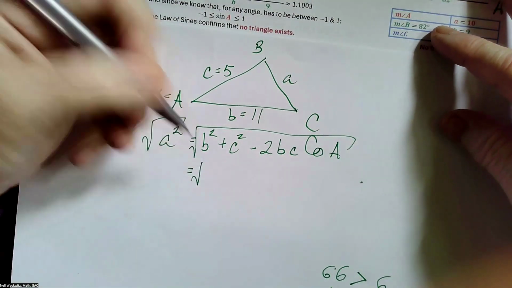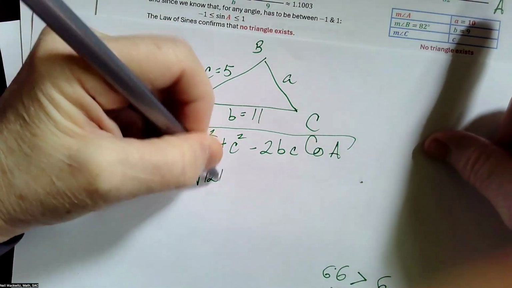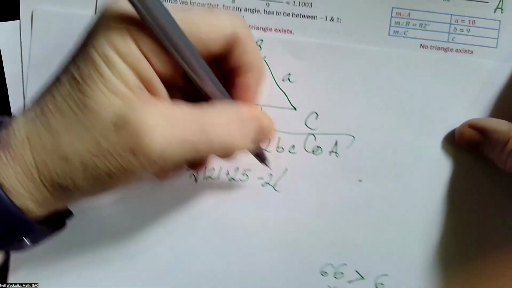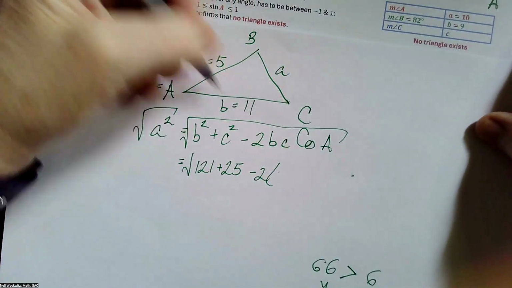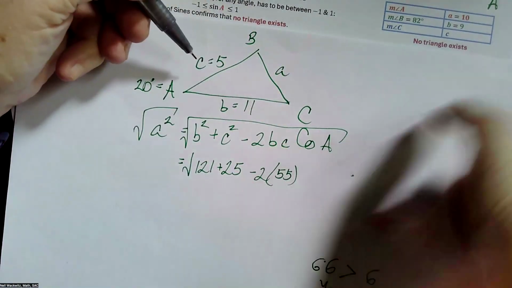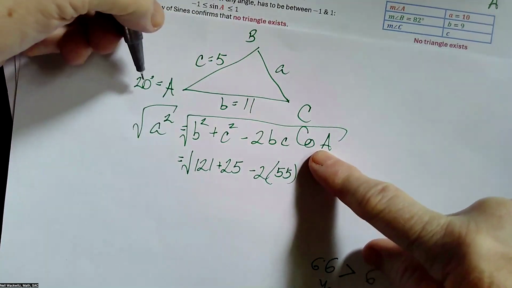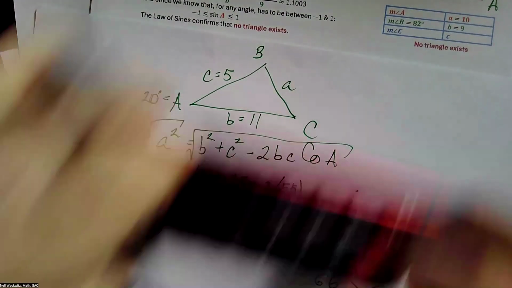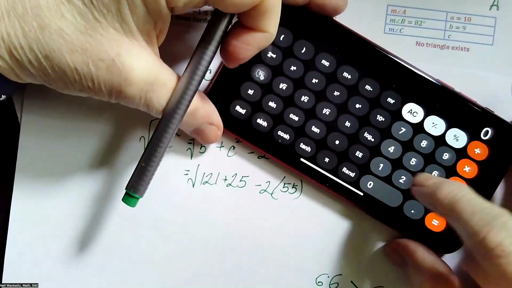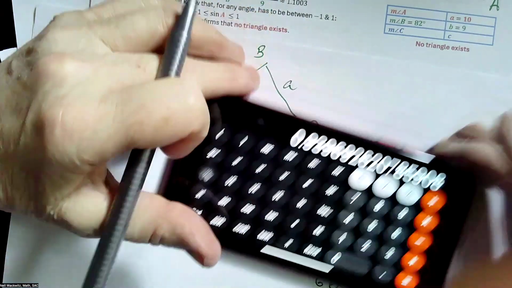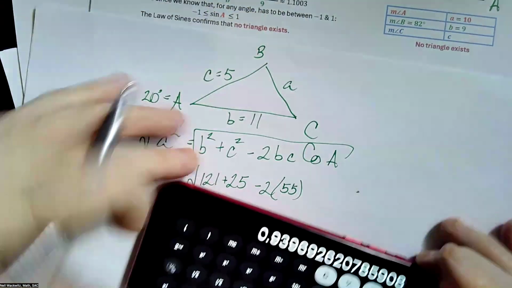So we have 121 plus 25 minus 2 times 55. That's 11 times 5 times the cosine of 20. Let's go ahead and get a value for that. Cosine of 20 is 0.9397.